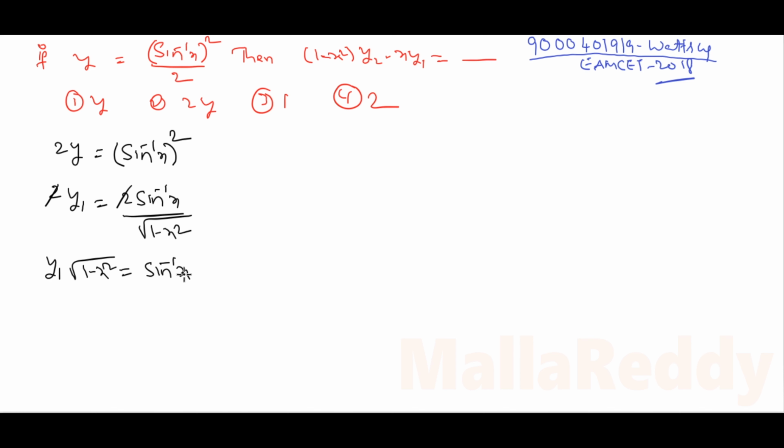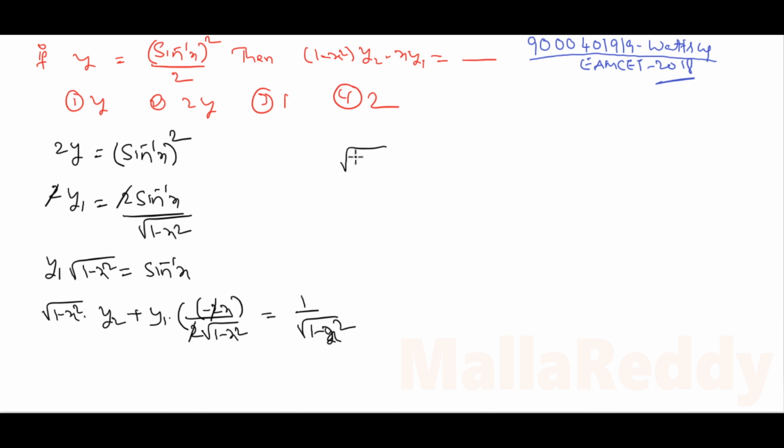Now again differentiating on both sides. So root of 1 minus x square into the derivative of y1, y2, plus y1 into the derivative of root of 1 minus x square, that is 1 by 2 root of 1 minus x square into the derivative of 1 minus x square, minus 2x, is equal to the derivative of sin inverse x, 1 by root of 1 minus x square. So here 2 cancelled. So root of 1 minus x square into y2 minus x y1 by root of 1 minus x square is equal to 1 by root of 1 minus x square.